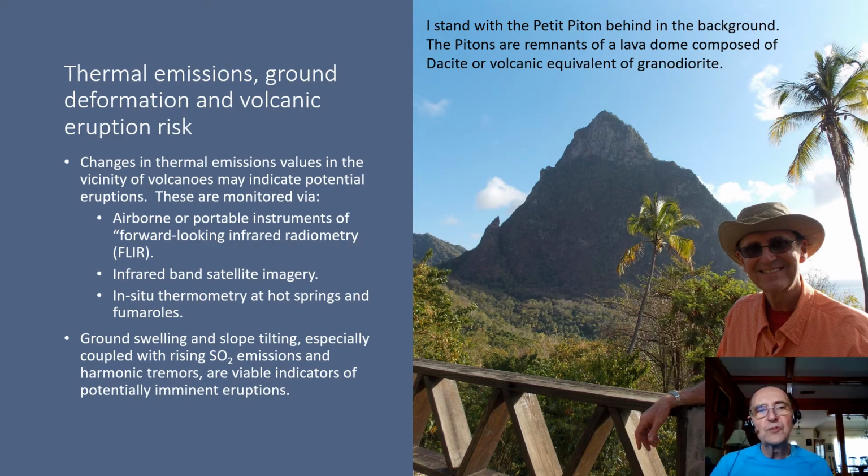Well, we use essentially three techniques: the forward-looking infrared radiometry, the infrared band satellite imagery, and the in situ thermometry at hot springs and fumaroles. Also, ground swelling and slope tilting, especially coupled with rising values of sulfur dioxide and harmonic tremors, can be indicators of an imminent eruption.